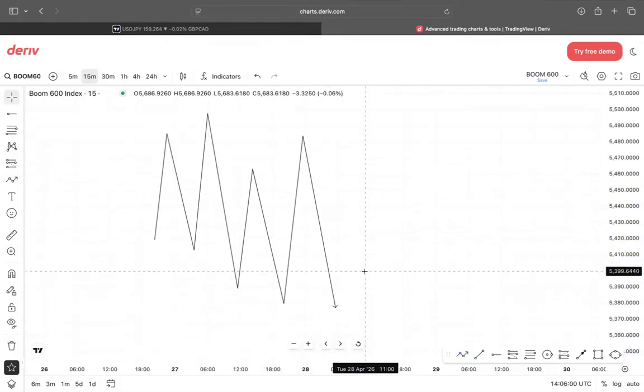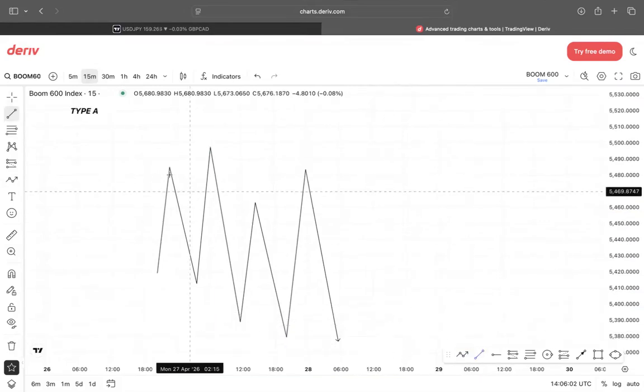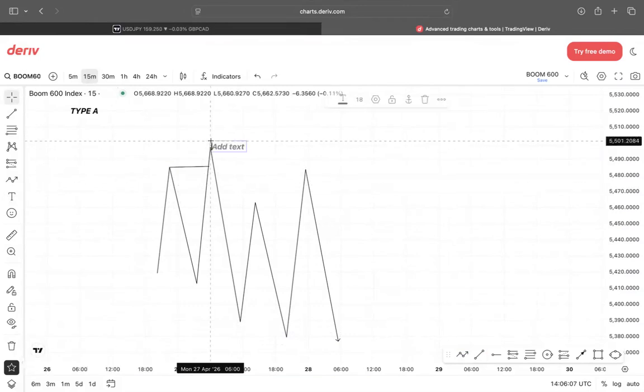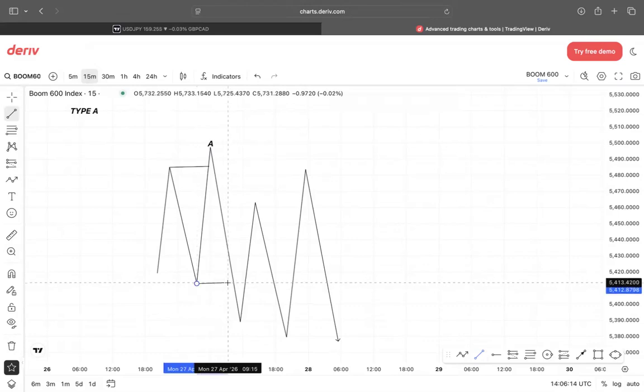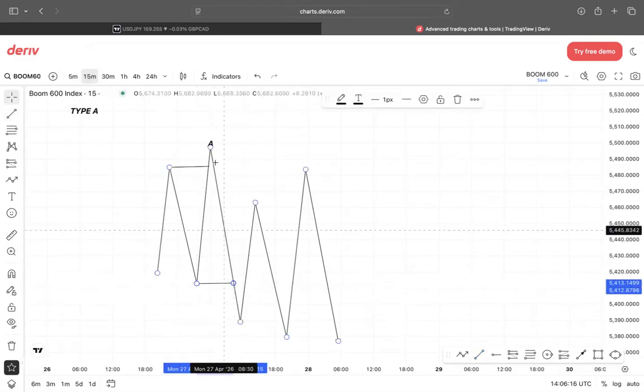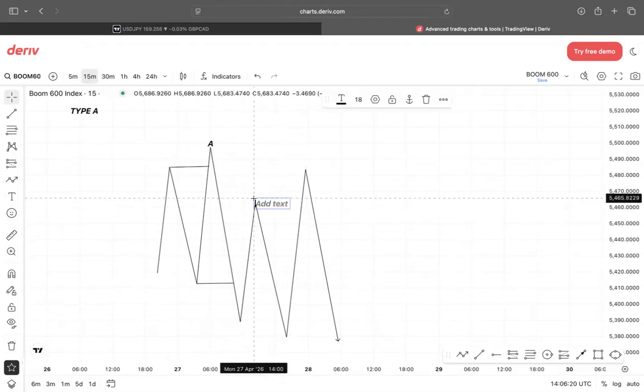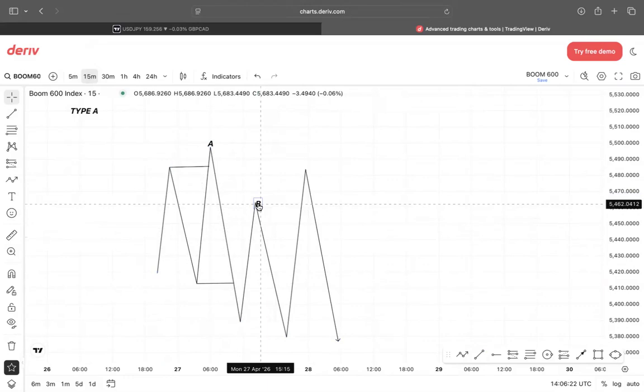So let's do this together. Sweep, to give us our point A. And then we have an immediate break of structure like this. And then price has to retrace and then give us B, which is structural liquidity.